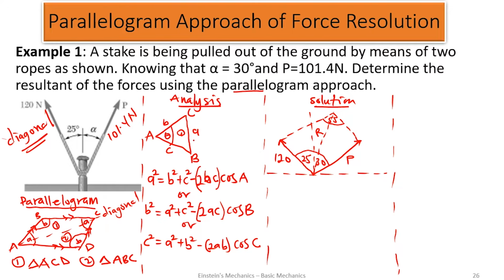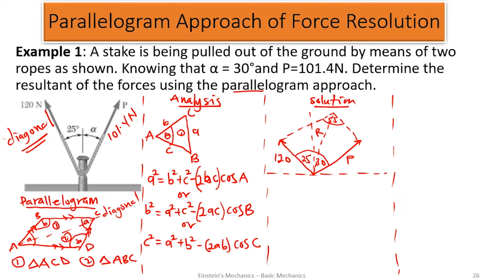Now, the A, which is the diagonal representing the resultant force, will be given by A squared equals B squared plus C squared minus 2BC cos A, where A is the angle between them.